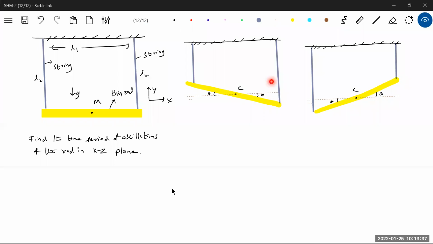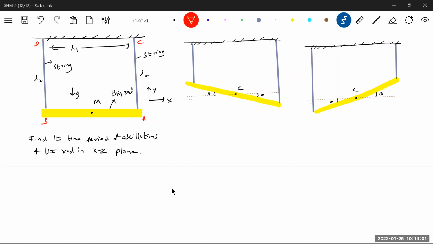The rod will not oscillate in the XY plane, it will oscillate in the XZ plane. I don't have any other diagrams other than this. Please, you should be able to imagine after this. Okay, sir, we are still not able to. In the XZ plane, the rod will rotate.